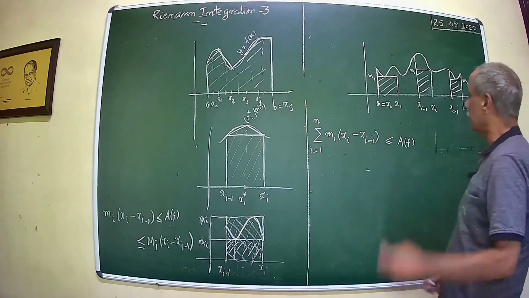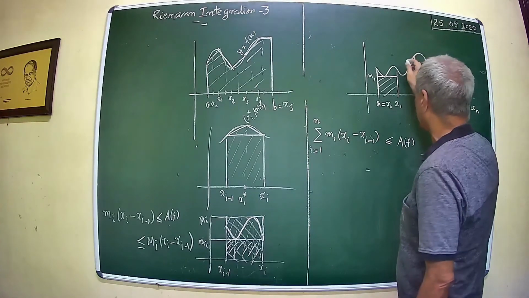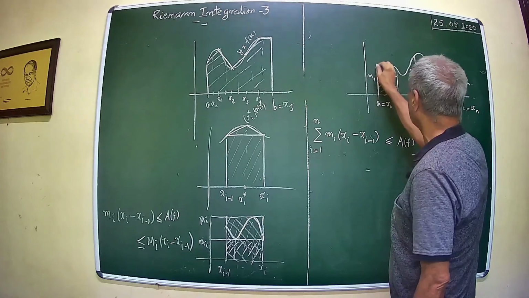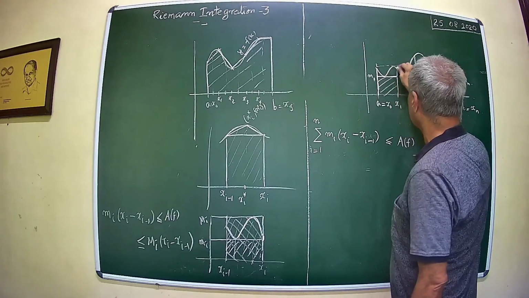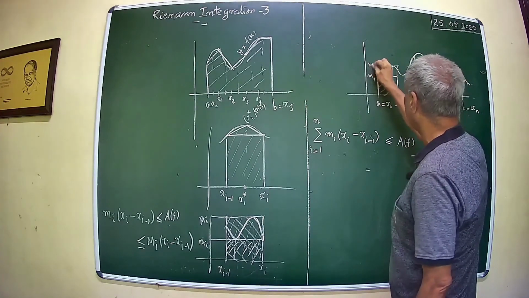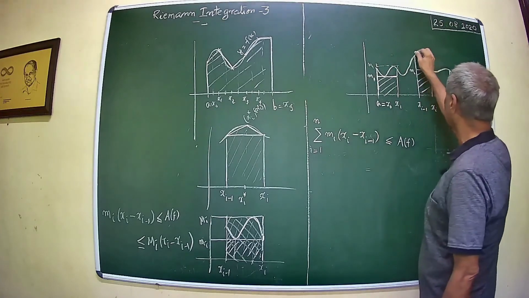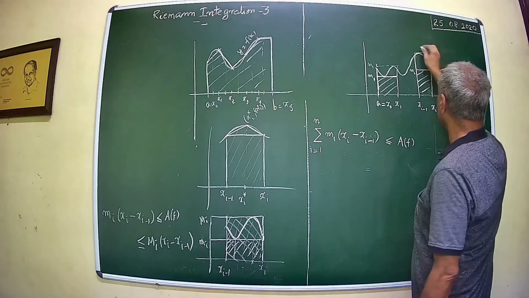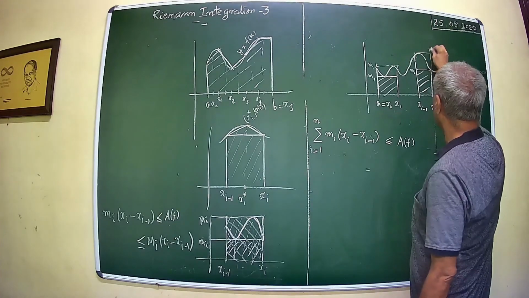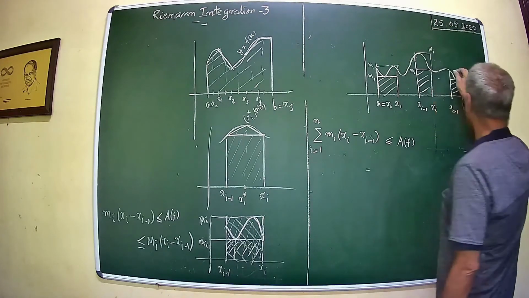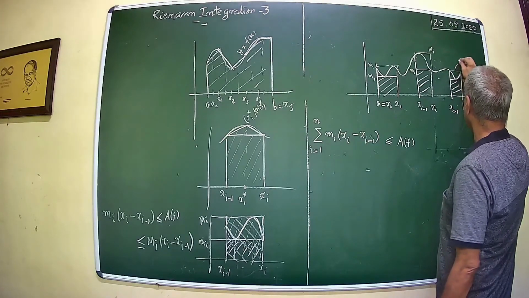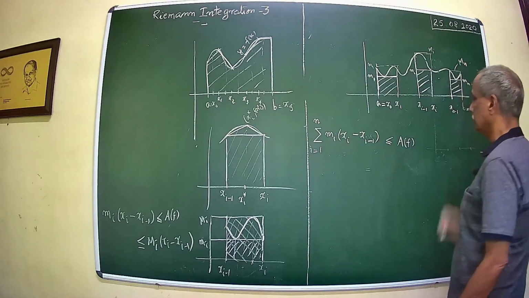Now I go for the approximation from the top. So what do I get? I get from the top, this is approximated by capital M1, and here it is approximated by capital Mi, and here it is approximated by capital Mn.